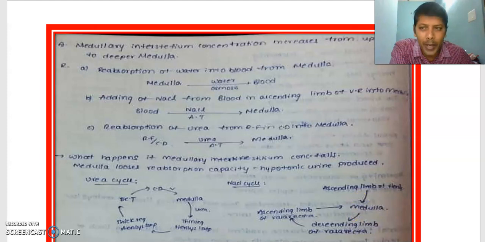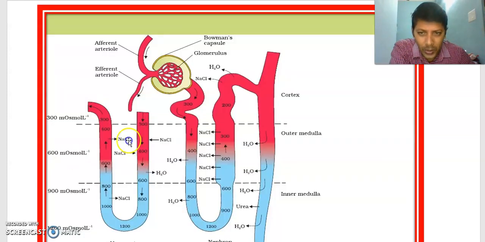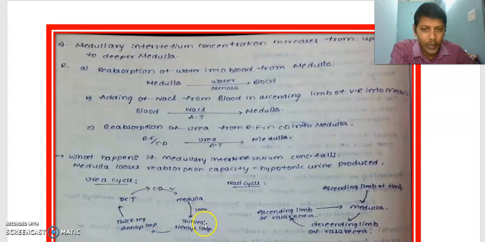Again it is coming back into this space called the medulla. In this way, NaCl moves, and earlier I told you about urea recycling. How urea is recycling. That's the end of concentration of the filtrate.